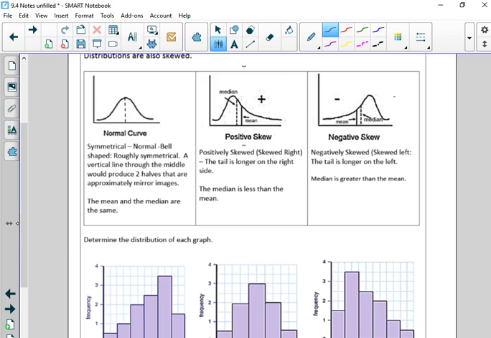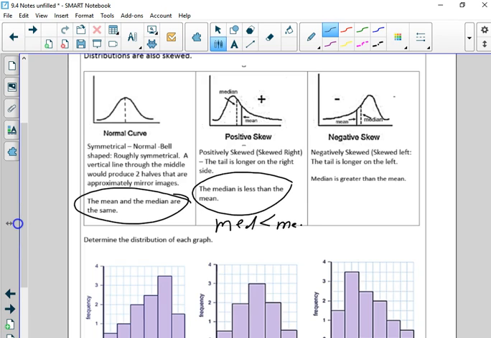We've talked about this already, but here's another example of it. Your normal curve, your positive skew, and your negative skew. Okay? So skewed right towards the positive side, skewed left towards the negative side. Again, the mean and median are the same. Here, the median is less than the mean, so you can also think about it this way.